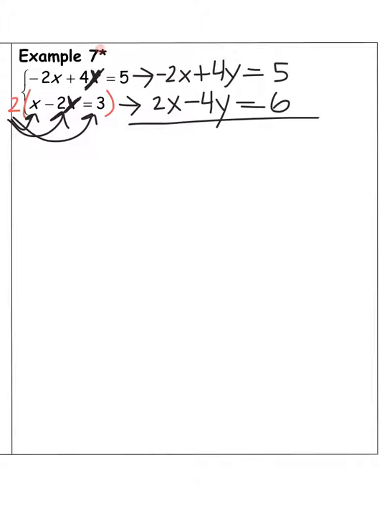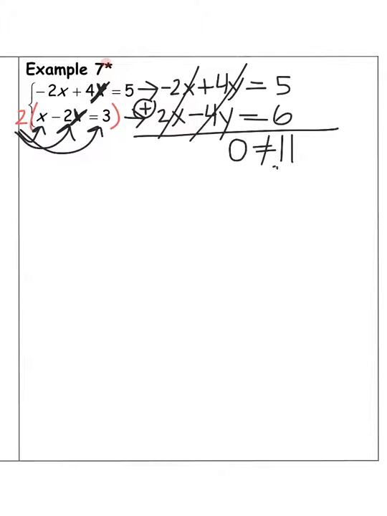Alright, so now I'm going to add these equations. Negative 2x plus 2x, that's 0, it cancels. Positive 4y plus negative 4y, that's 0, it cancels. 5 plus 6, that's 11. So I bring down my equal sign. I'm not going to leave this blank, I'm going to put 0 because everything canceled. I get 0 equals 11, which is not true.